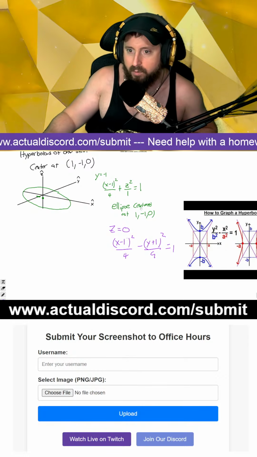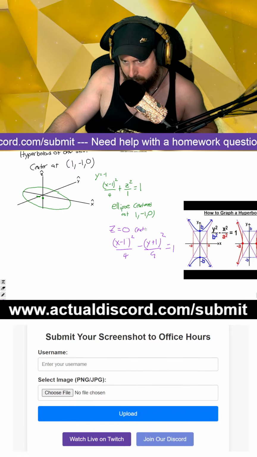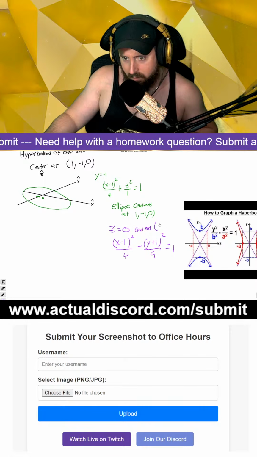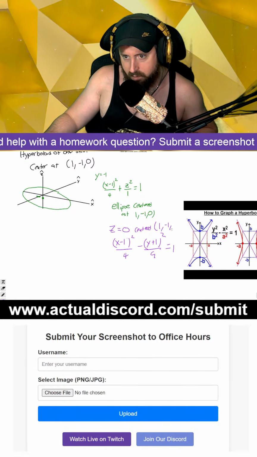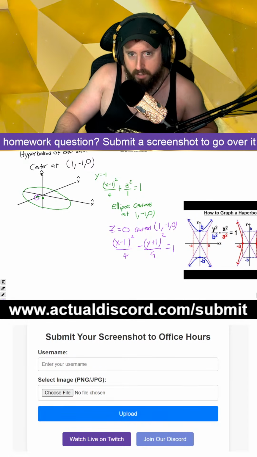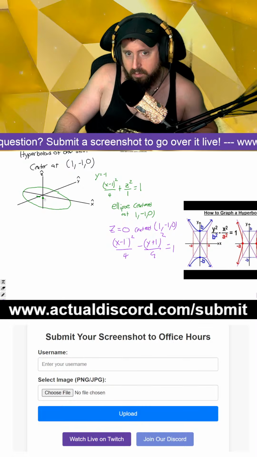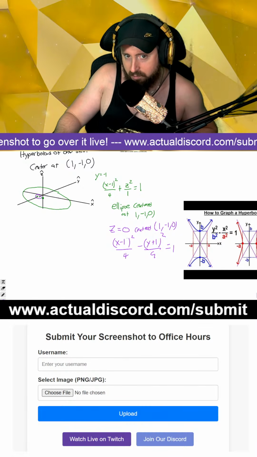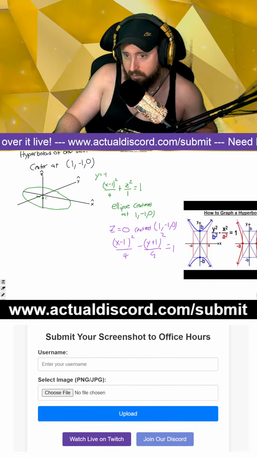Okay, so this is centered at 1 comma minus 1 comma 0. So that's centered here, at the same place.